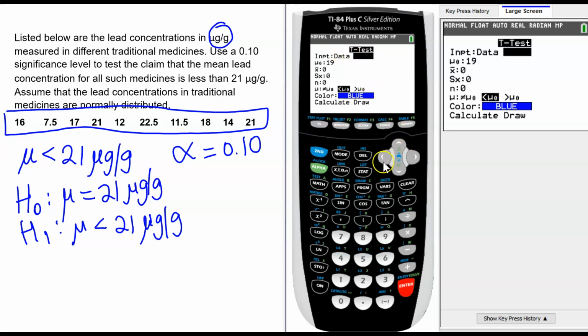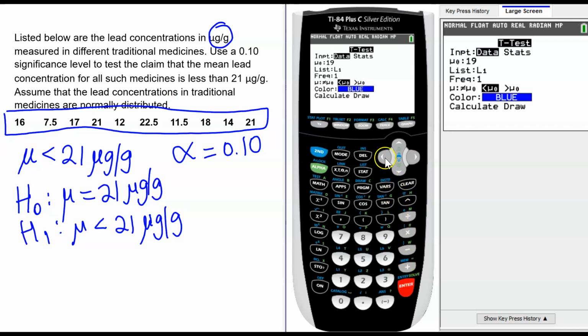We have data in this case, so we go to data, enter. Our null hypothesis is 21, so we're going to choose 21. We will go from list 1. So leave L1, frequency 1.